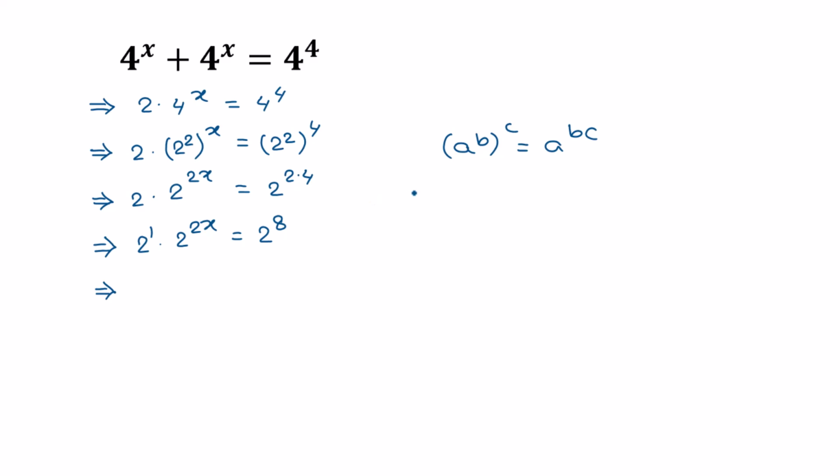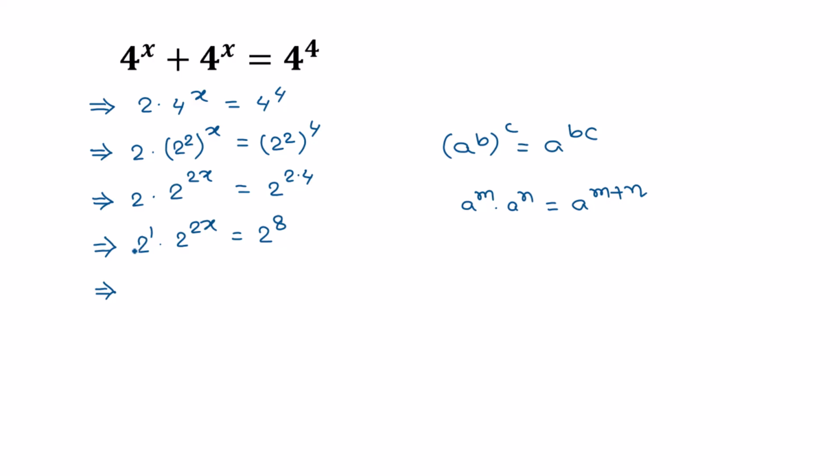Again applying another exponential formula, a to the power m times a to the power n is equal to a to the power of m plus n. So applying this formula, 1 is m and twice x is n.